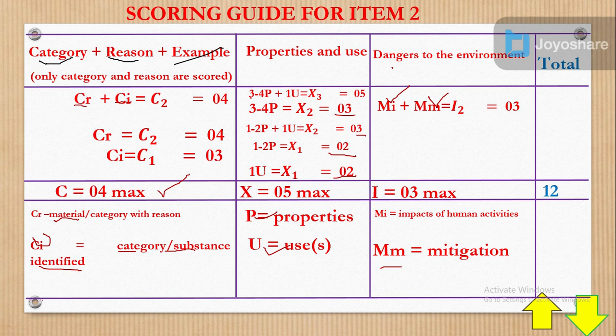Someone wanted to construct. We had iron sheets and very many things. Somewhere they were asking the categories of materials. The categories of materials, of course you can say a category there, but you must give a category with the reason.